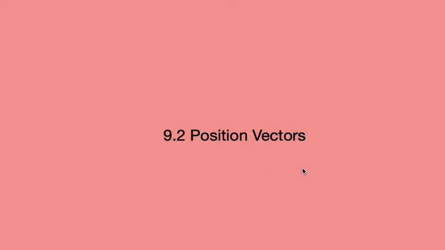Okay, today we're going to be looking at position vectors. So previously we were looking at displacement vectors, and these were simply free vectors in space. They weren't dependent on an actual position.